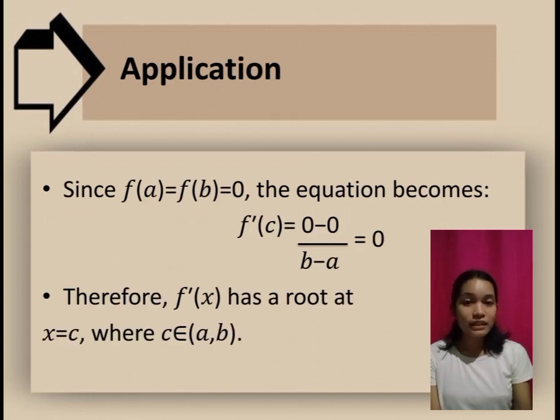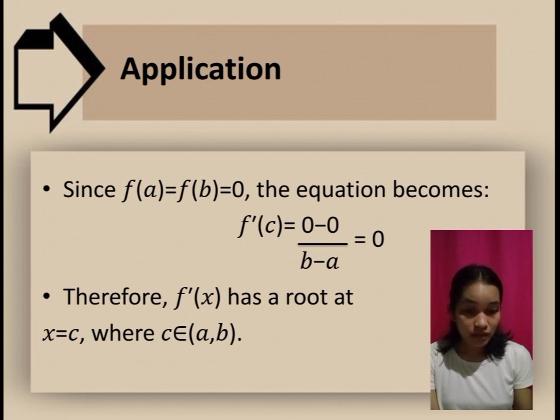But we now need to recall that a and b are roots of f(x). So, since f(a) equals 0 and f(b) equals 0, the equation becomes f'(c) equals (0 minus 0) over (b minus a). And (0 minus 0) over (b minus a) is equal to 0.